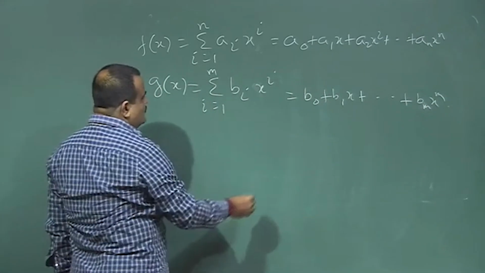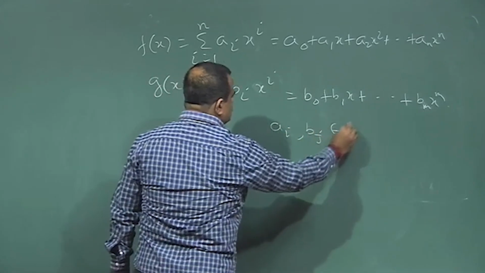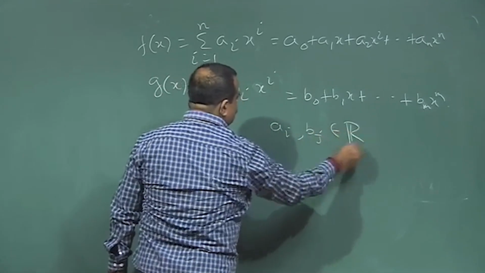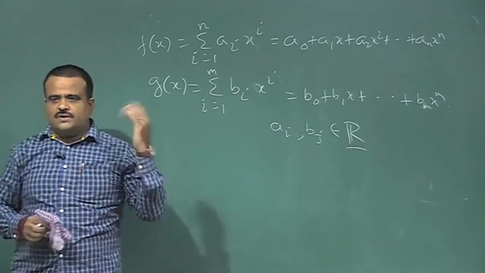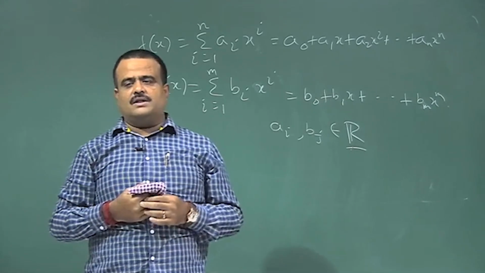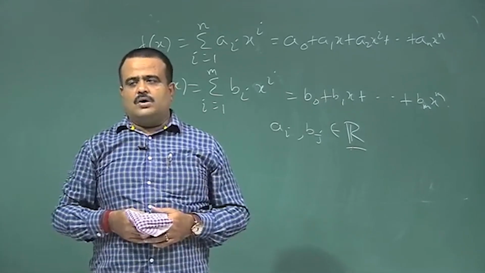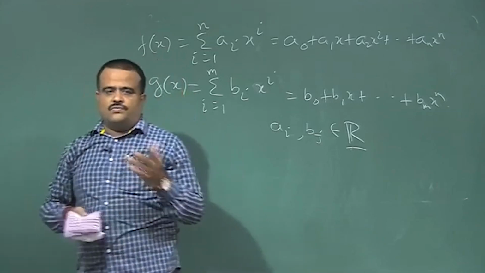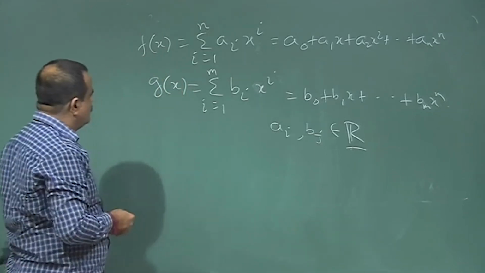And these a_i's and b_i's are coming from some ring or some field. We need this to be a field to have the set of polynomials mod some irreducible polynomial be a group, a cyclic group. This is called a Galois field. We will talk about that.